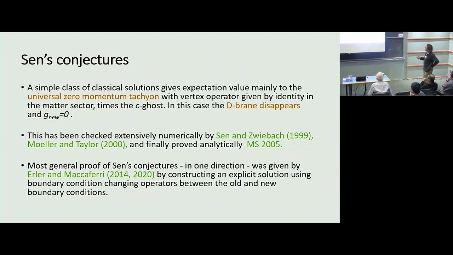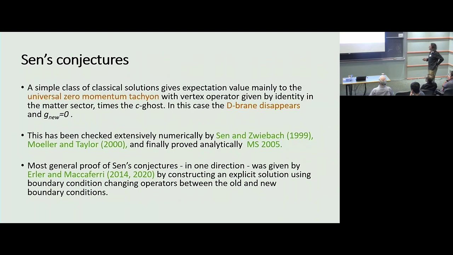And this conjecture was checked in 1999 numerically by Ashok, Barton, and Washington Taylor, who has been giving a talk on F-theory compactifications today, and I contributed to it in 2005. Today, we have the most general proof of the Sen conjectures in one direction.